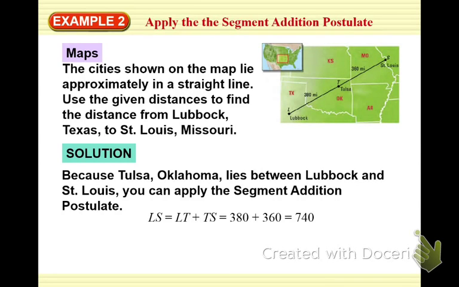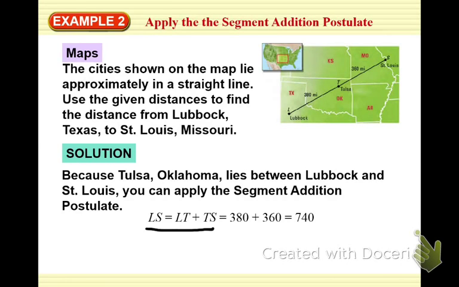So the distance from Lubbock to St. Louis is going to be equal to Lubbock to Tulsa plus Tulsa to St. Louis. And so it's an application of the segment addition postulate. And it'll get a little bit more complicated. But again, the point here is what I would do every time, when you have a point between two others, is to write that thing out every time.